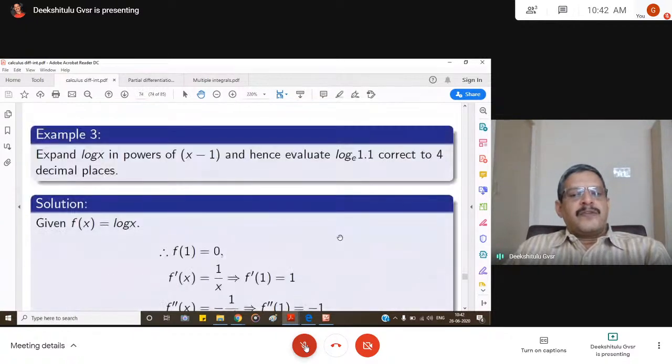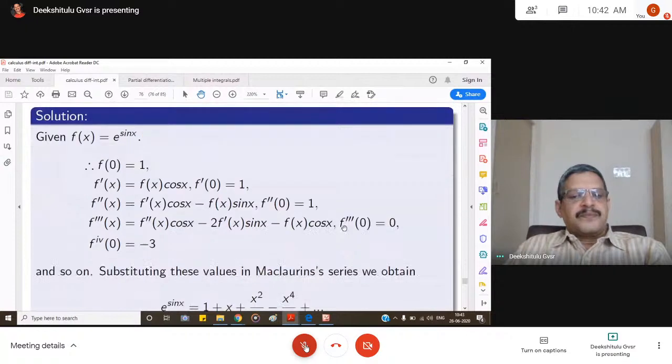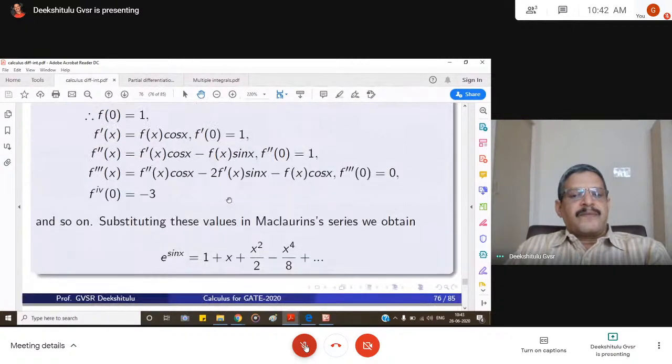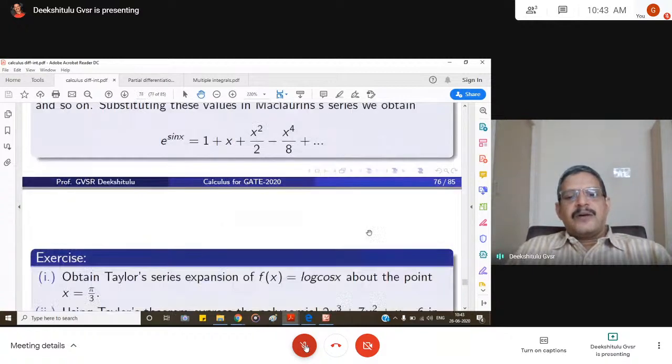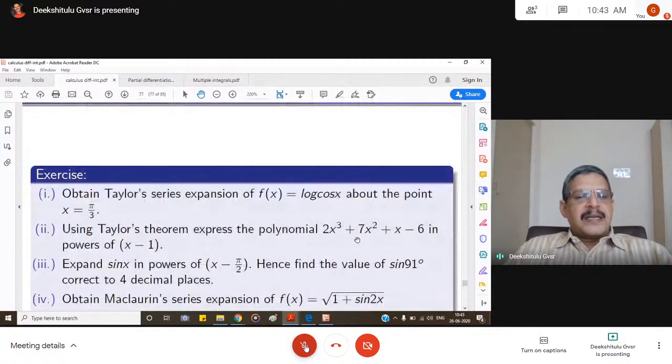If you put that here, you get f of 0, that is 1, plus x into f dash 0, 1, plus x square by 2 factorial into f double dash 0, 1. The next term is x cube by 3 factorial, f triple dash is 0, so you don't have this term. Then x power 4 by 4 factorial into minus 3. This is what we get. This is how we solve the problems in Taylor's and Maclaurin series expansion.